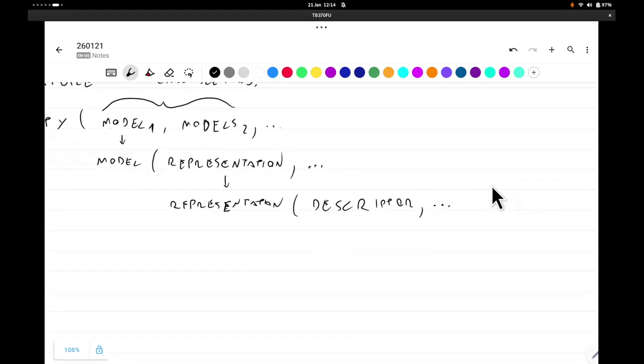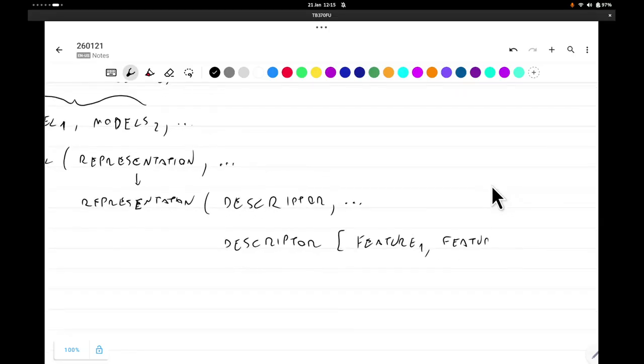And so the descriptor in general is a vector, and in general it could be thought of as a collection of features. So the components of the descriptor would be features. Of course, as with any nomenclature, this is not a universal consensus.